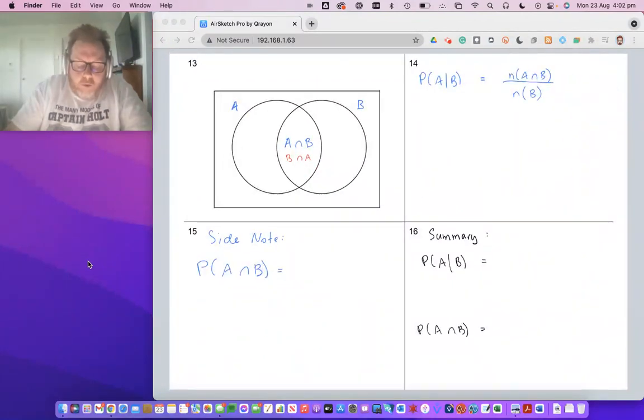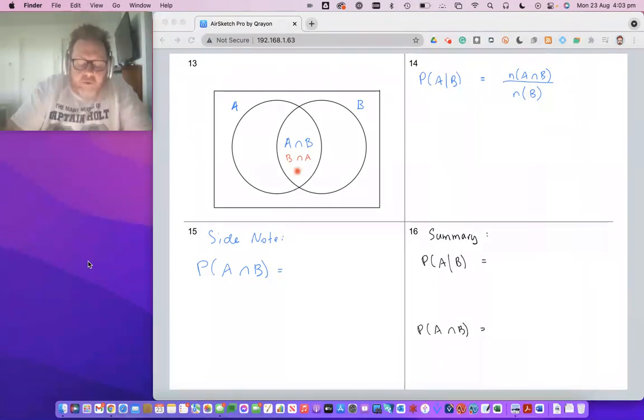Okay, so when I'm looking at the probability of A given B, like I've got here in this probability calculation, really all I'm doing is restricting my sample space to the number of outcomes in B. So I've got the number of B as my bottom number instead of the total universal set.